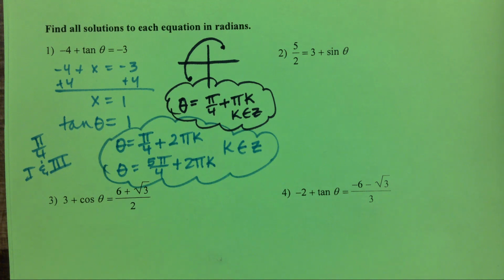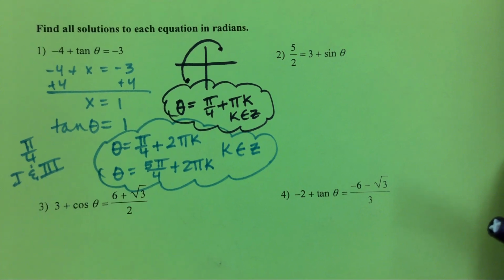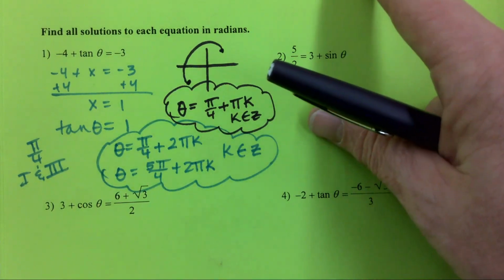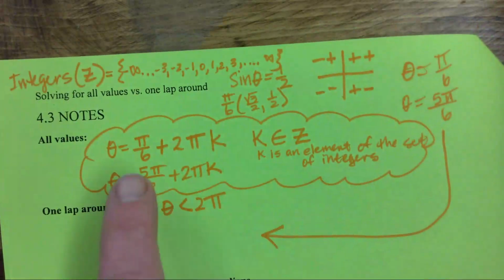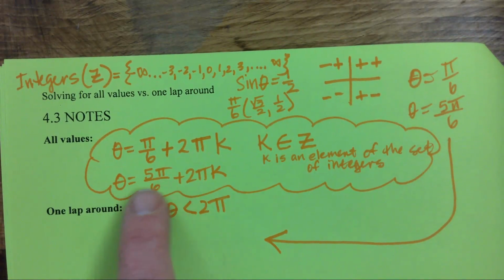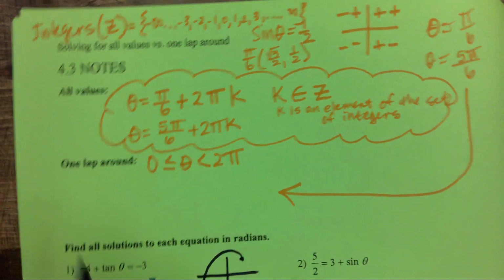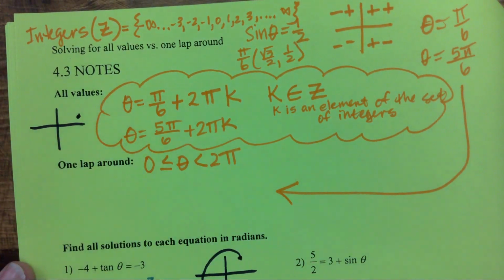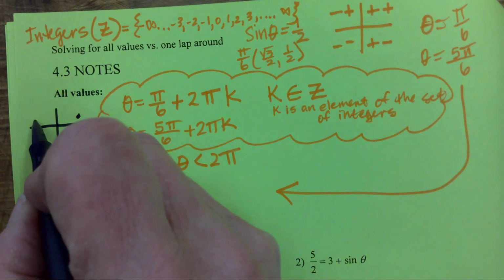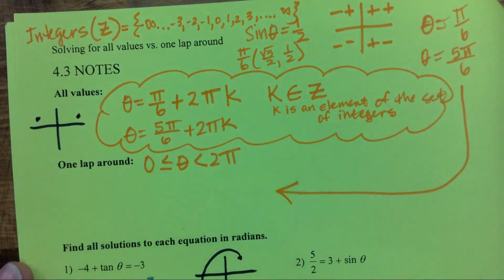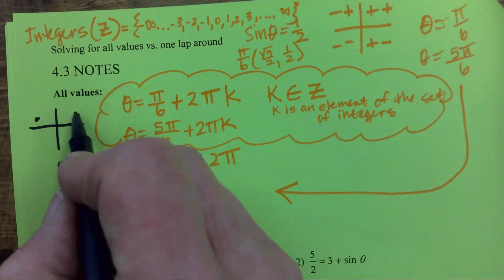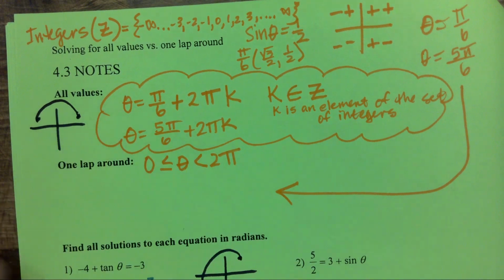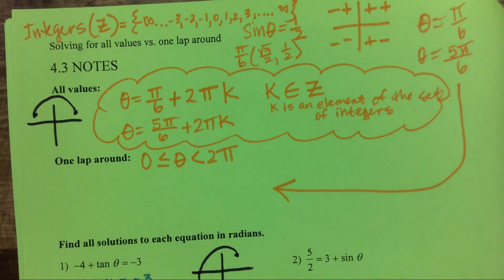But before we move on, I want to back up to that first problem that we did and talk about it. I can't do the same for this problem because here's pi over 6, and here's 5 pi over 6. And these, I can figure out how far away they are, but they're not an even pi away.